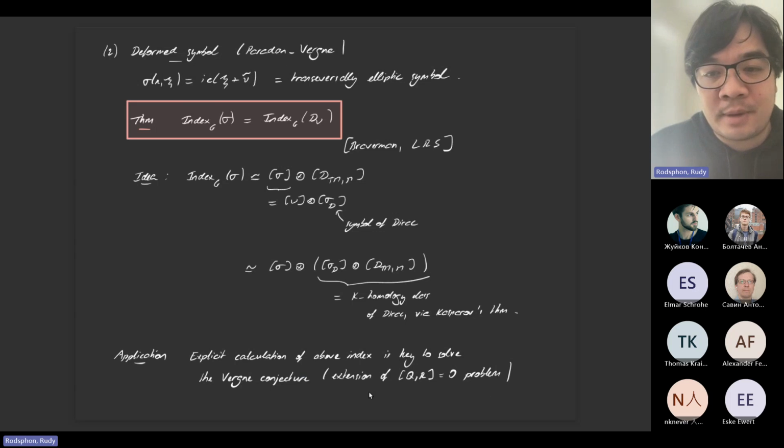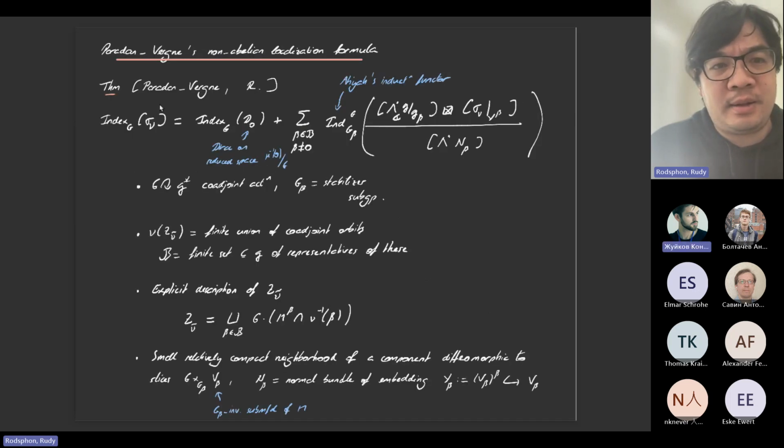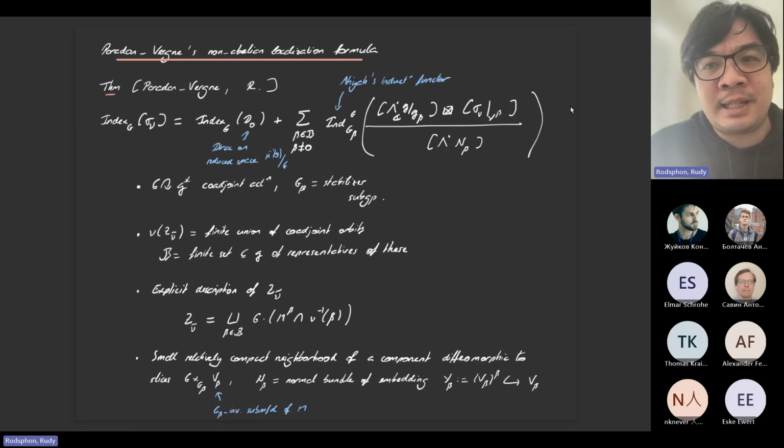If you can compute this index, you basically solve the Vergne conjecture. They have a fixed point formula that takes this form here.